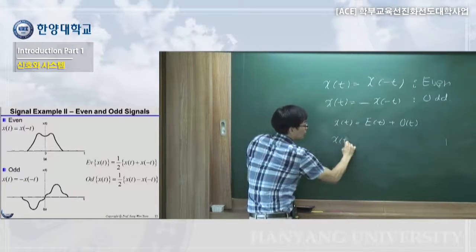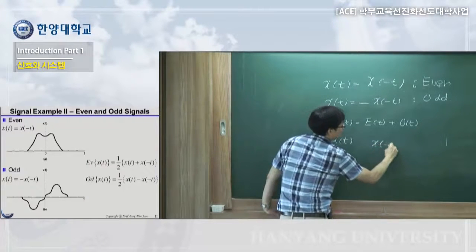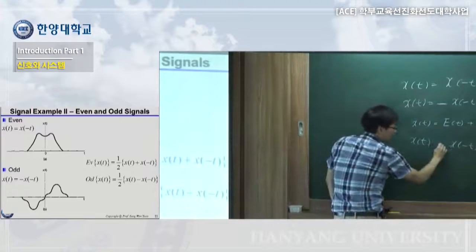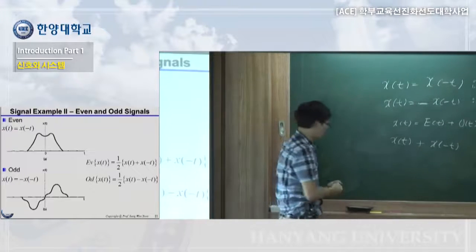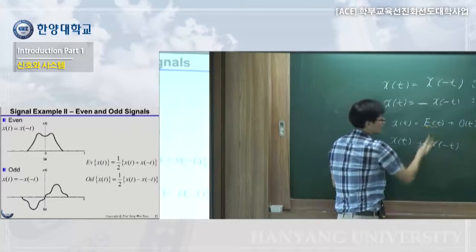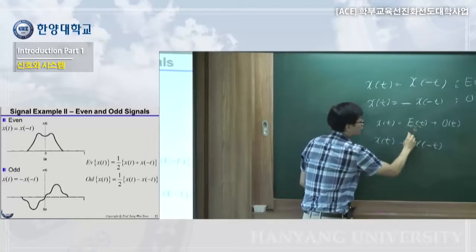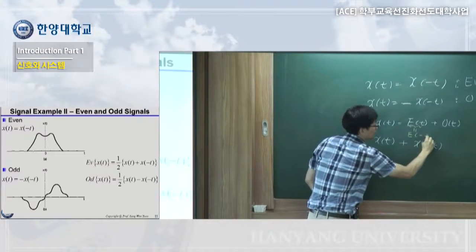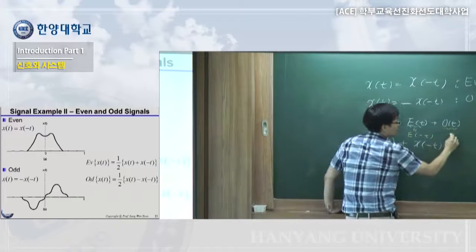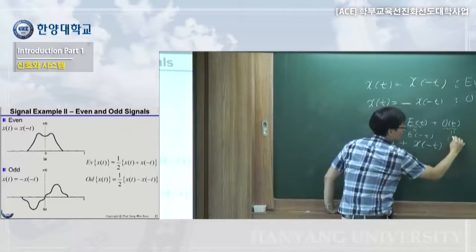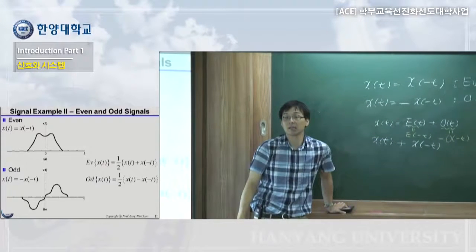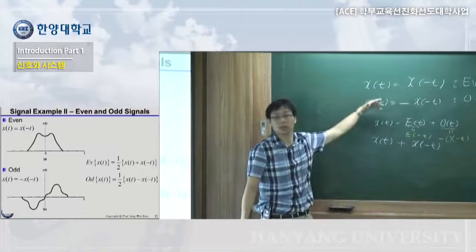If you take the minus t version and add them together, what happens? The even part is the same for both. The odd part is the negative, based on this definition, right?